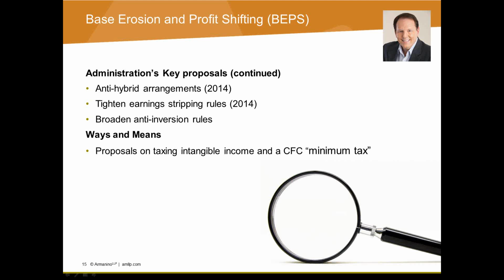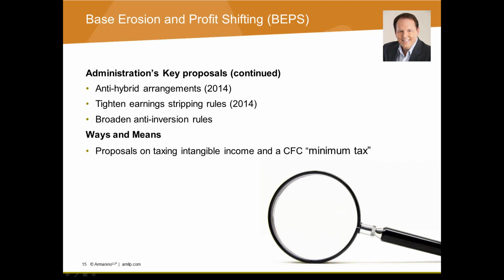Now, this rule would only apply to multinational companies that issue GAAP financial statements or financial statements in accordance with IFRS. They would also broaden the anti-inversion rules. The anti-inversion rules are rules that came out in 2004, rather.